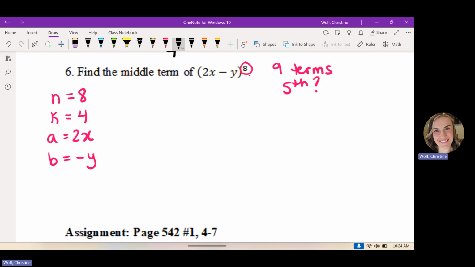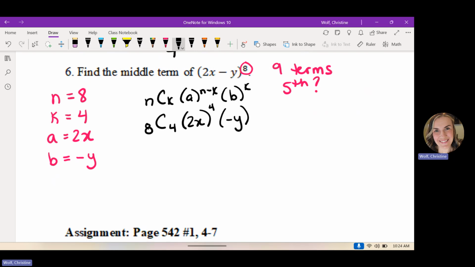Alrighty, formula, I'll just write it out one last time. And let's just plug in. N is 8. K is 4. A is 2x. N minus k, 8 minus 4 is 4. B is negative y. K is 4. So that negative is going to get deleted anyway because it's the power of 4.